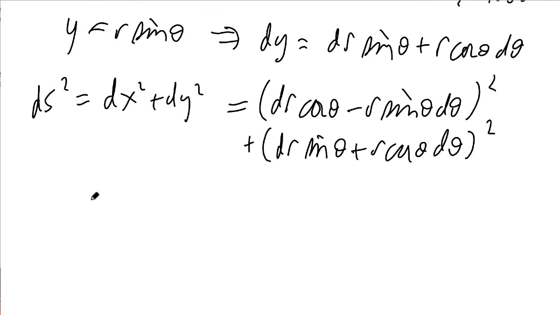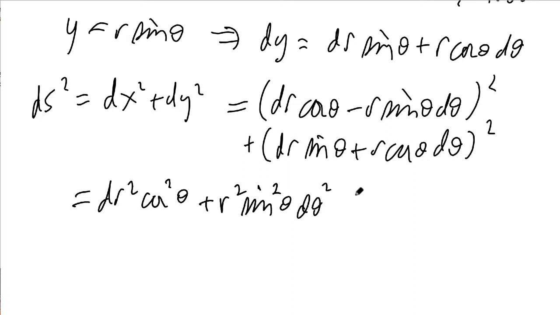So now we multiply these out. We have first dr squared cosine squared theta, and squaring this we have r squared sine squared theta d theta squared, and then there's a cross term minus 2 dr cosine theta r sine theta d theta.